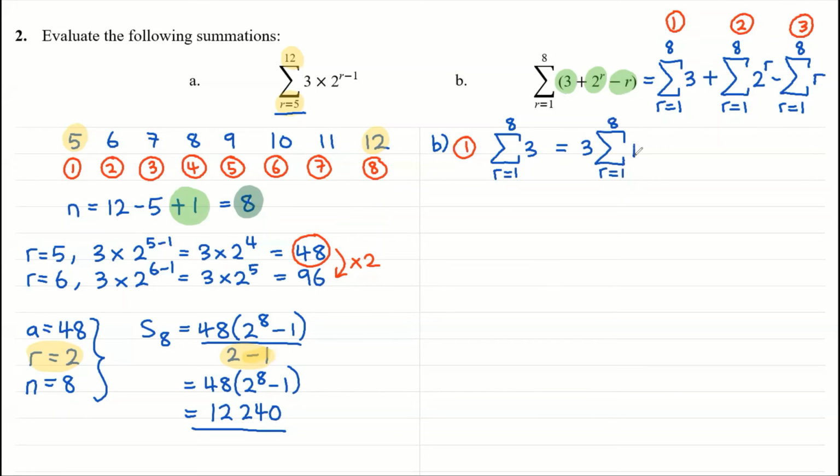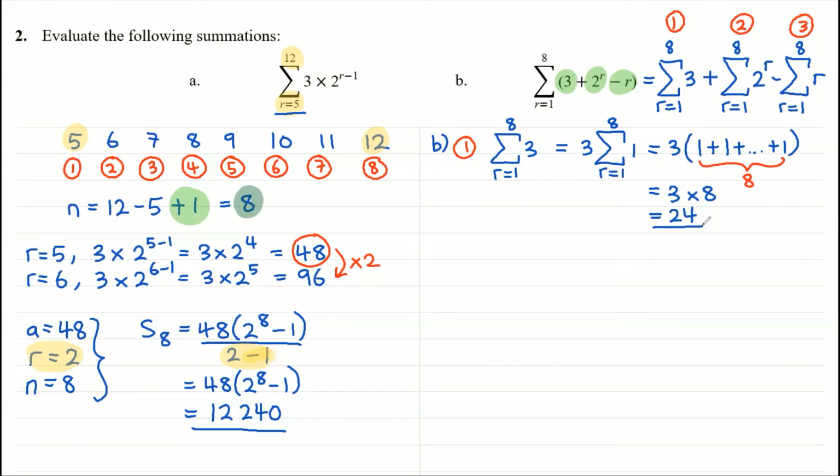And that means I'm going to be summing 1 8 times. We saw this earlier. So it's 3 multiplied by 1 plus 1 plus 1, and that's done 8 times. So all this means it's just 3 times 8, which is, of course, 24. So that's the first bit.